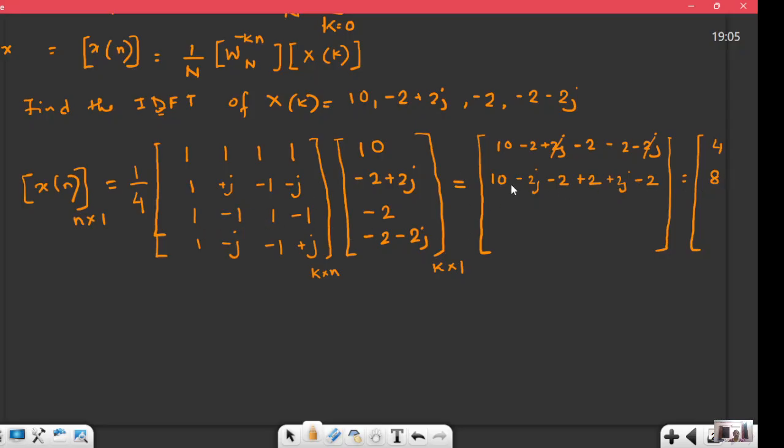Then you will see 10 minus 2 plus 2j, then minus 2. Then 10, plus 2 minus 2j, there is a sign change, and minus 2, and this will be plus 2 plus 2j.